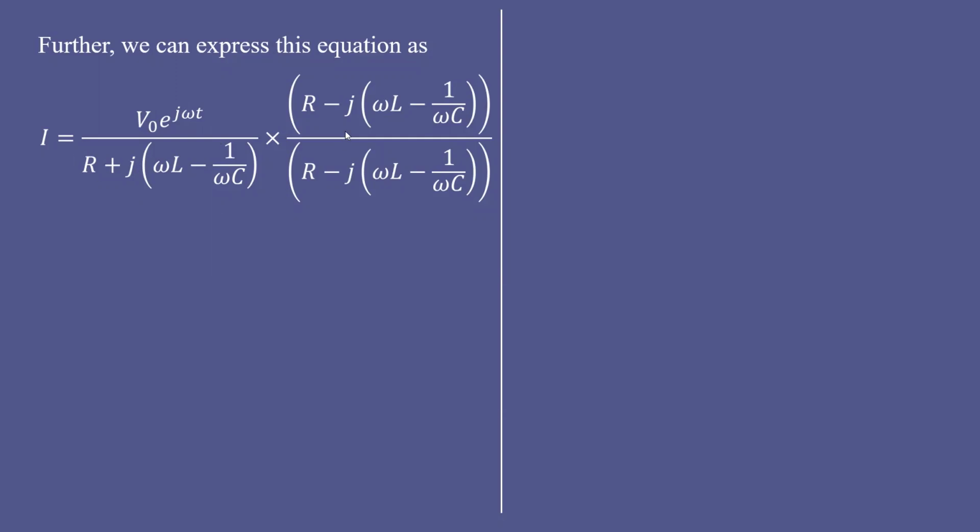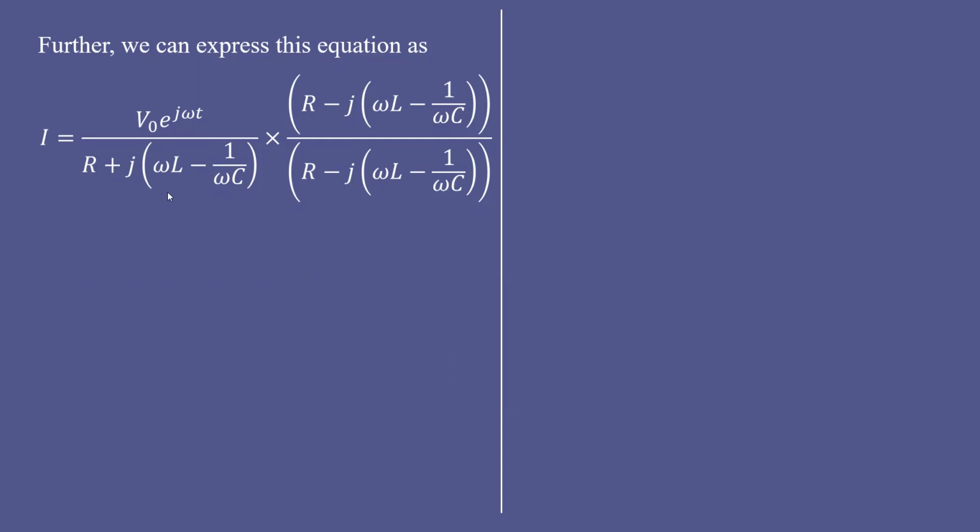So multiply and divide by the same term, that is, multiply the equation by the complex conjugate and divide by the same number. It is just like multiplying by 1. So here I have multiplied by R minus j into (omega L minus 1 by omega C) and divided by R minus j into (omega L minus 1 by omega C).